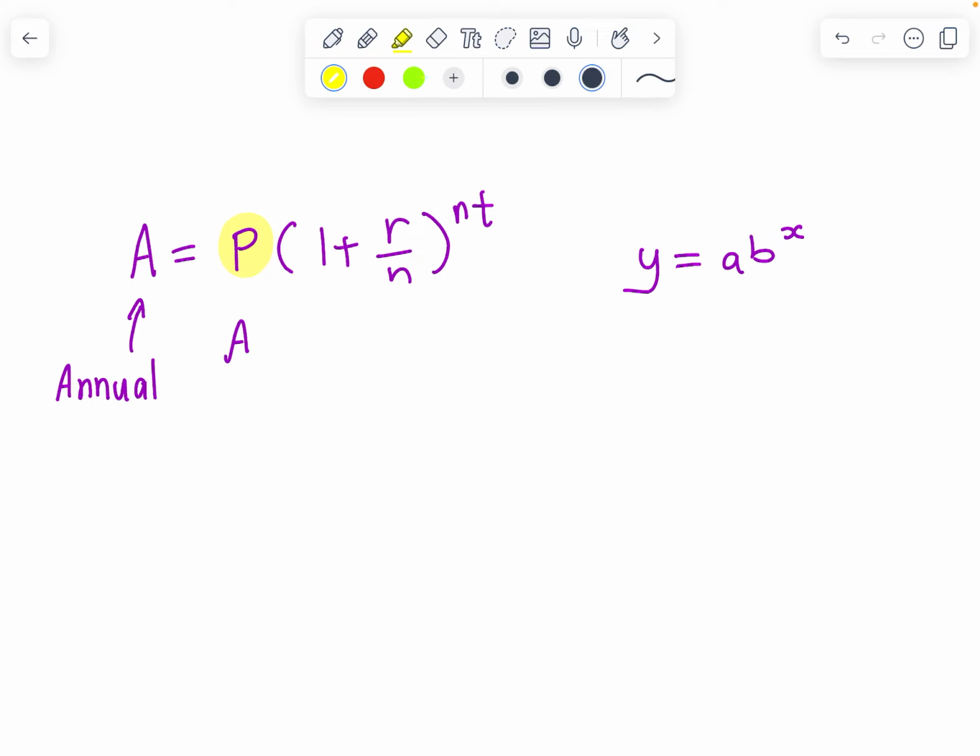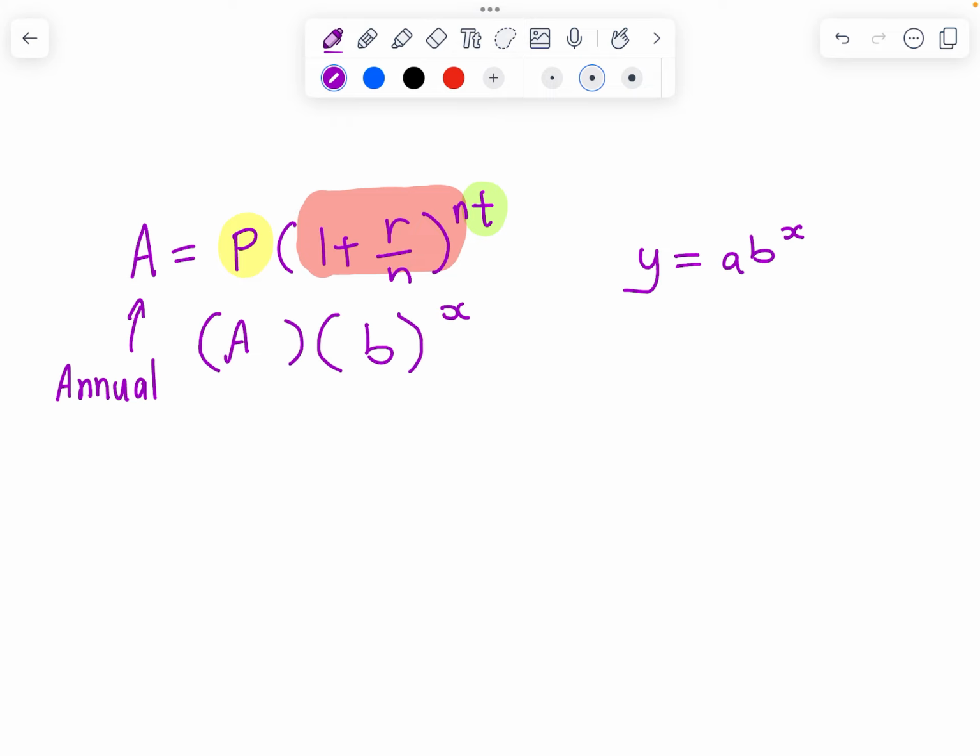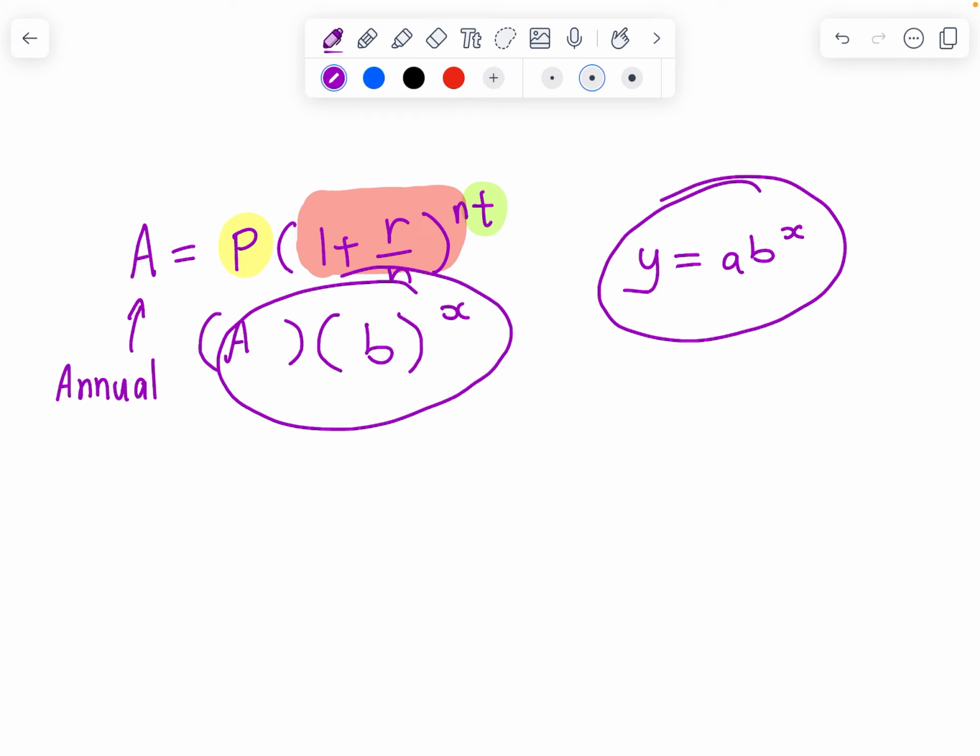Then if we expand on the part I highlighted, the whole thing, you could think of it as b, and t would just be x. So it's a times b to the power of x. If we look at this and this, it's the same thing.